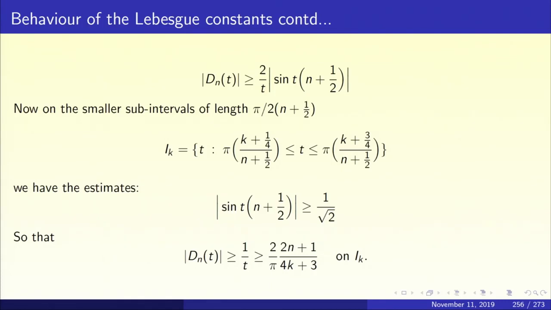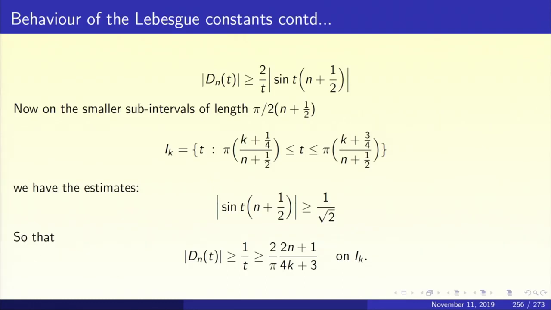I had taken each of the original intervals on which D_n(t) maintains the positive sign or maintains the negative sign, and I had taken a slightly smaller subinterval. I had cut out the two ends. So when I cut out the two ends, what happens to |sin t(n + 1/2)|? The sine function goes from 0, takes the value 1 at π/2 and again comes down at π.